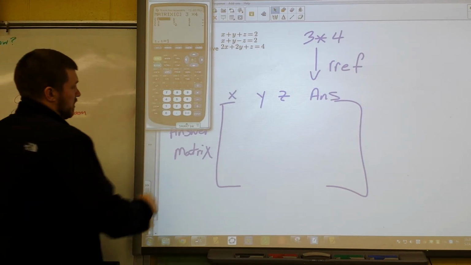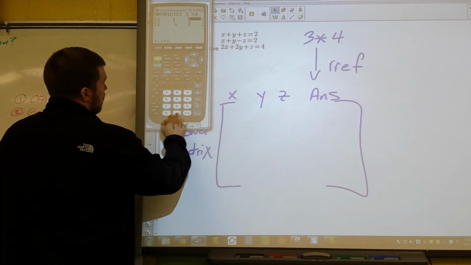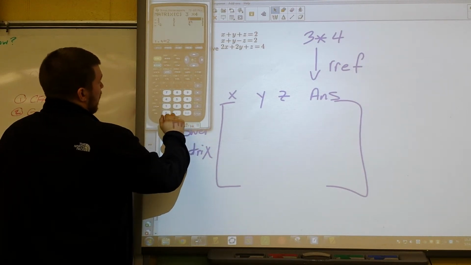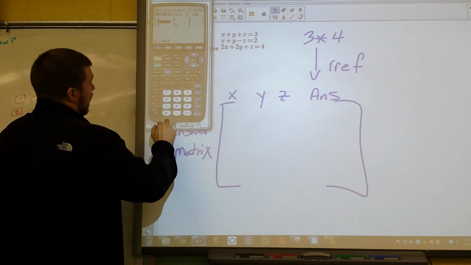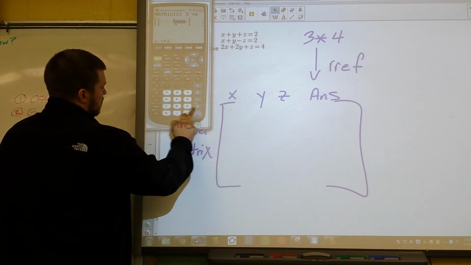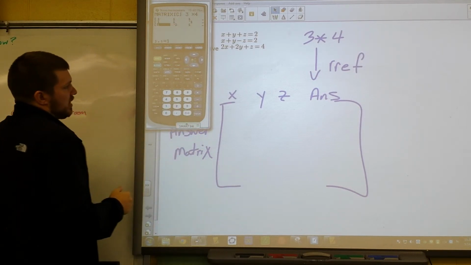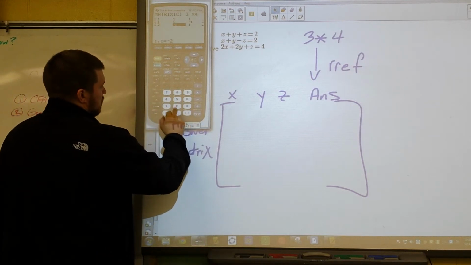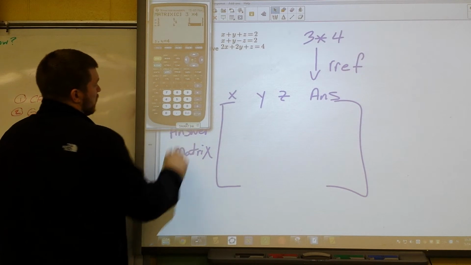In the first equation, I now have 1x plus 1y plus 1z and 2 as the constant. In the middle equation, I have 1x plus 1y minus 1z, and 2 as the constant. And in the last equation, I have 2x plus 2y plus 1z equal to 4.